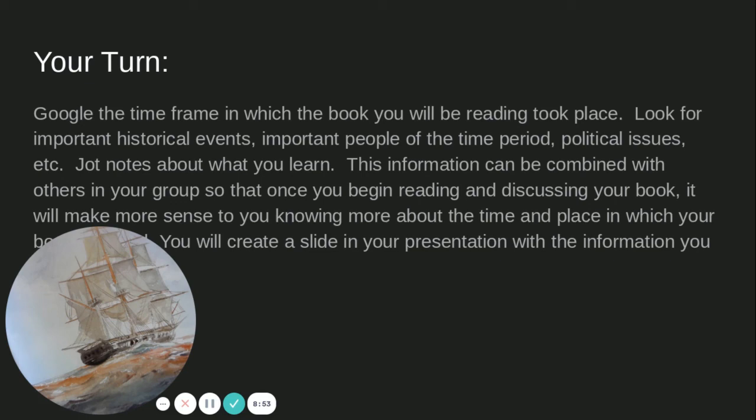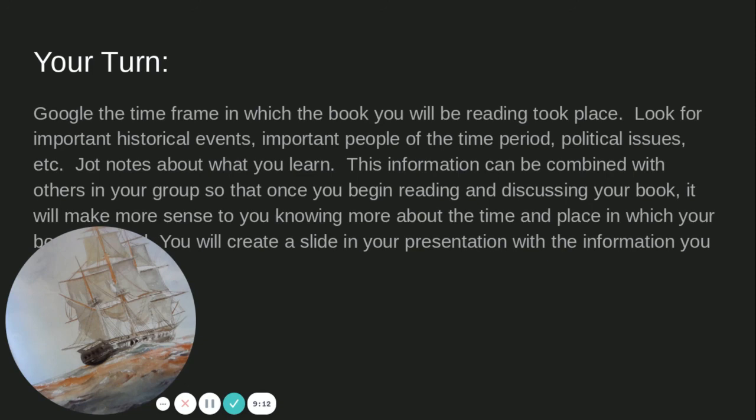And then you're going to create a slide, like I showed you, in your Google Slides presentation for your book club group. You're going to tell about the setting and the characters and the time frame in which the historical fiction book you're reading takes place.